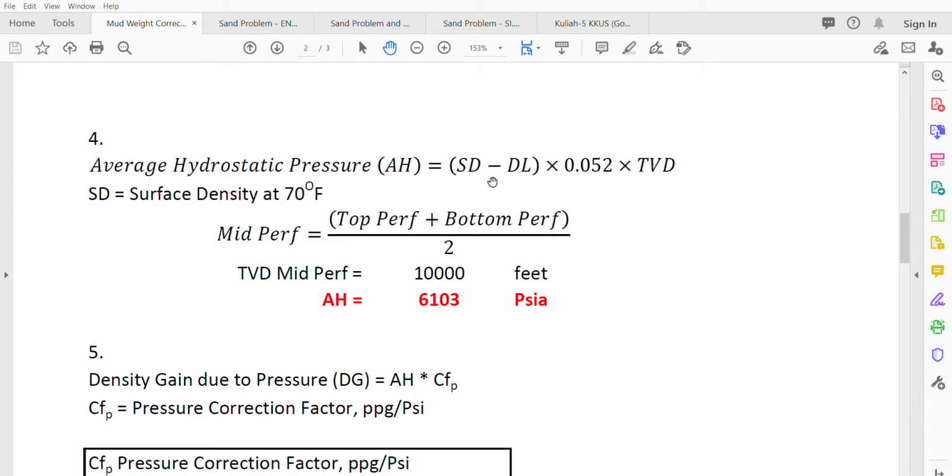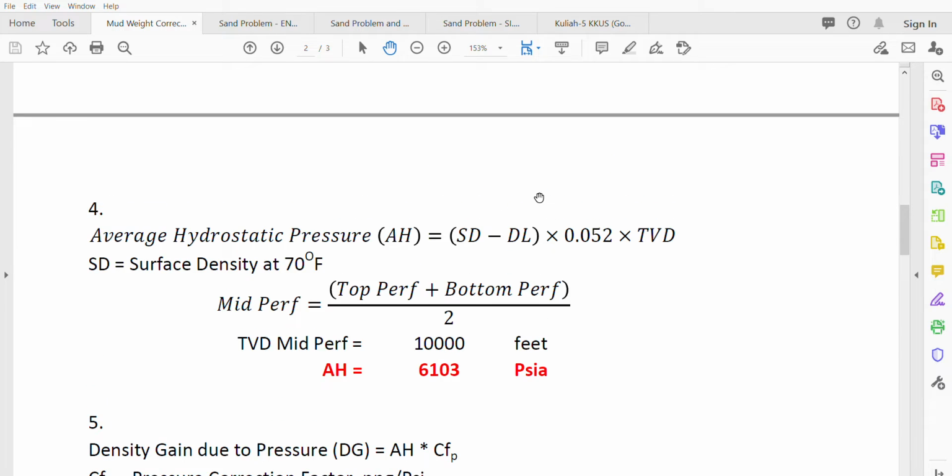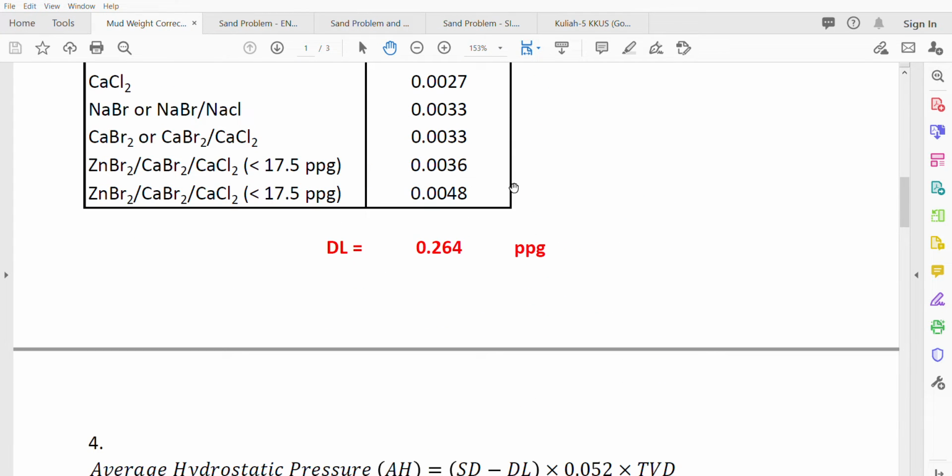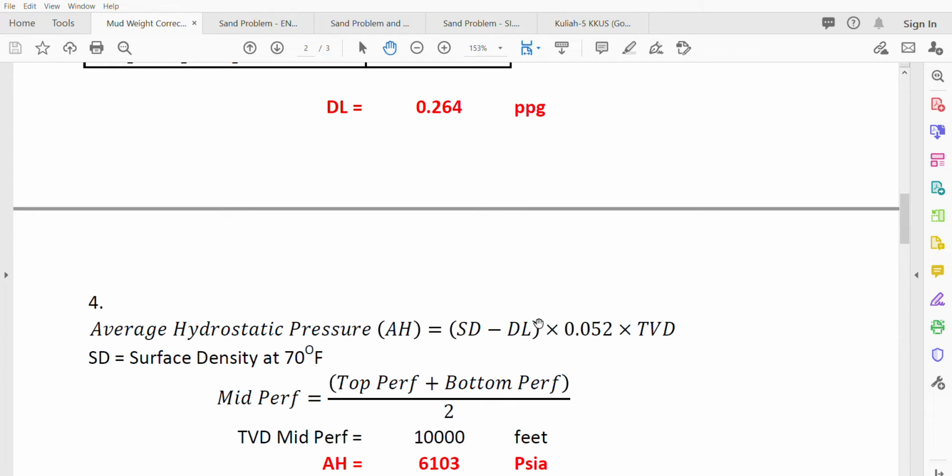Then the fourth one, we calculate the average hydrostatic pressure, AH. Surface density minus the density loss due to temperature, which is 0.264, and multiply by 0.052. We'll explain why this 0.052, and then multiply by TVD.